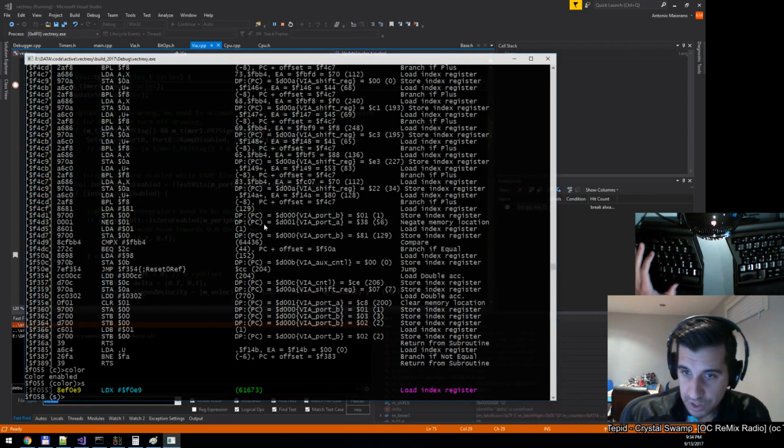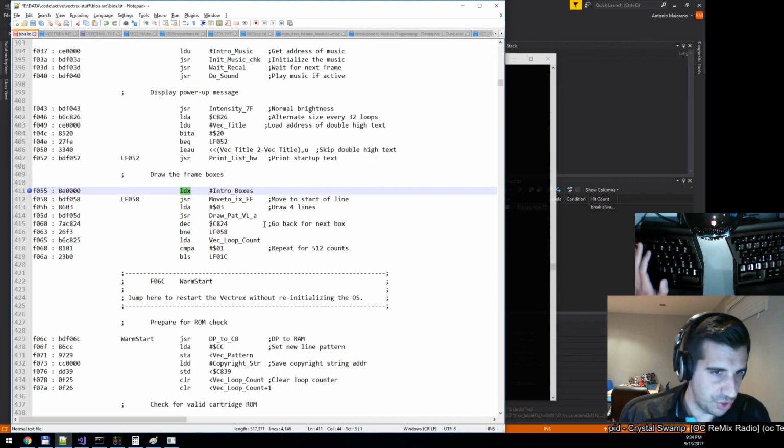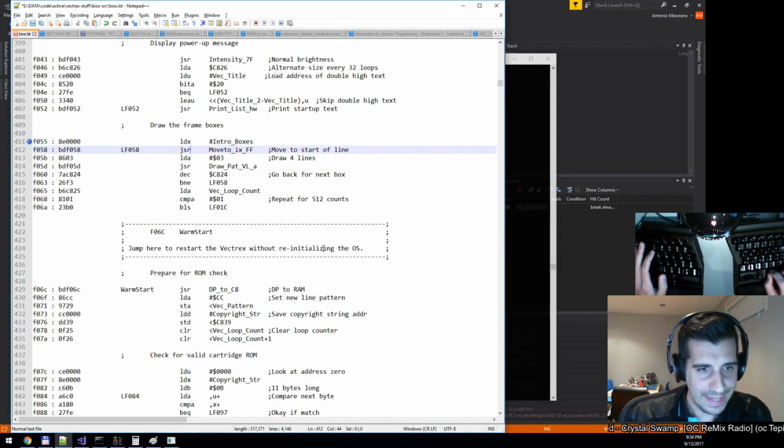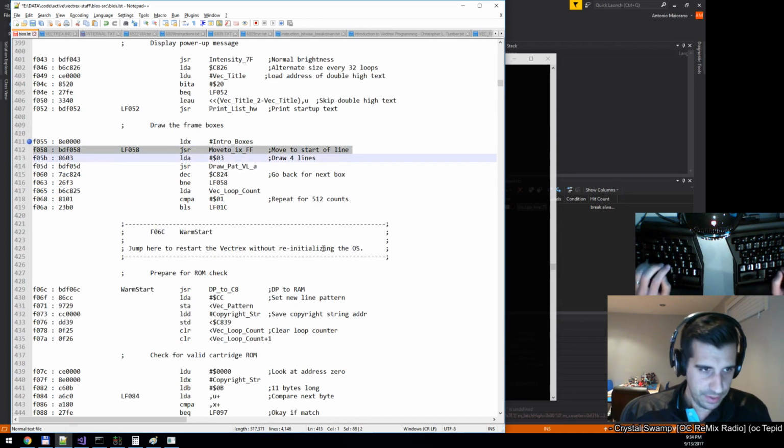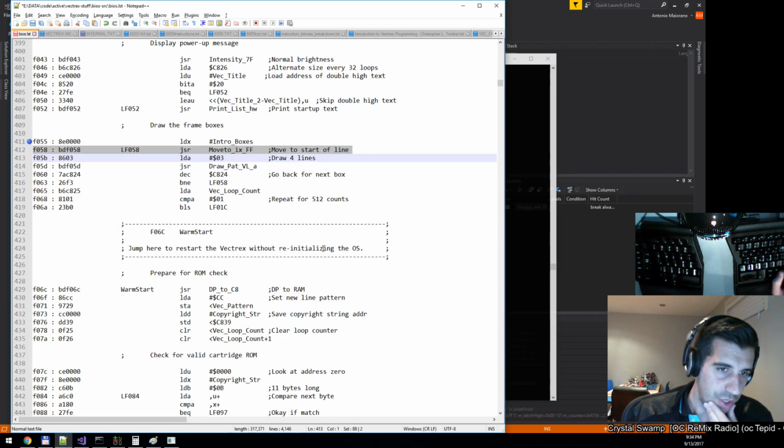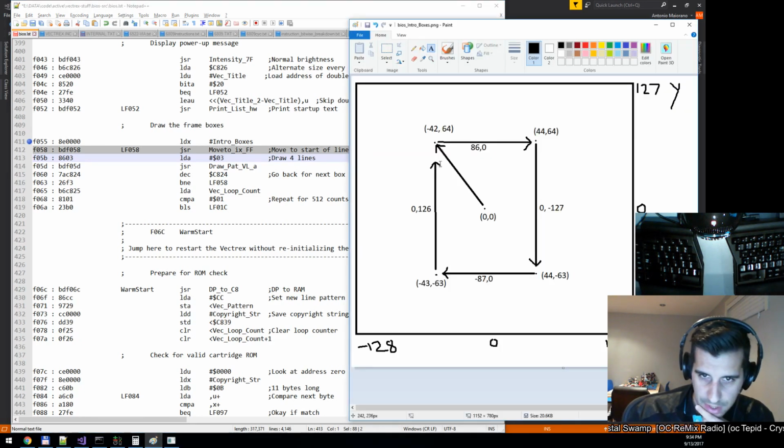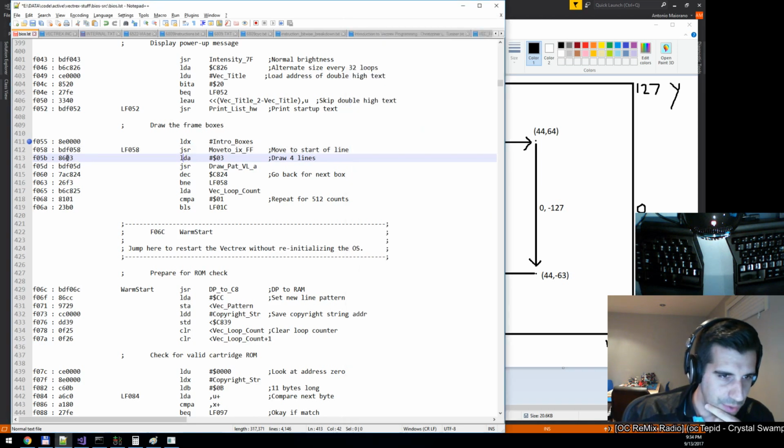All right. So let's look again at our assembly instructions here. So this function should move our beam to minus 4264. So let's not step through all of it just yet.